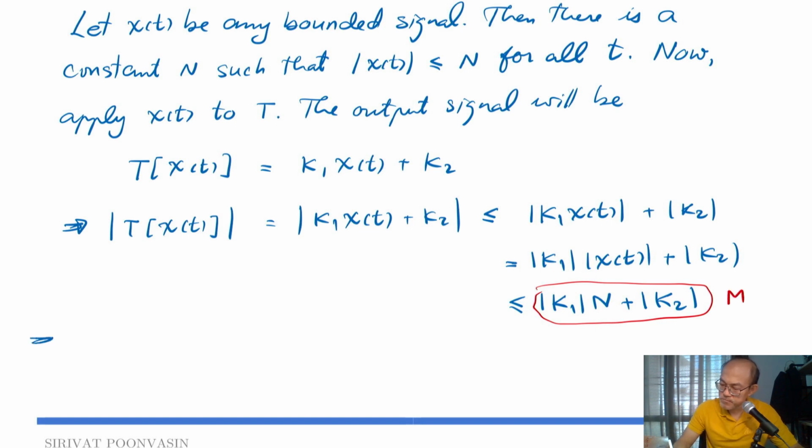So there is m such that the absolute value of the output is not greater than m.